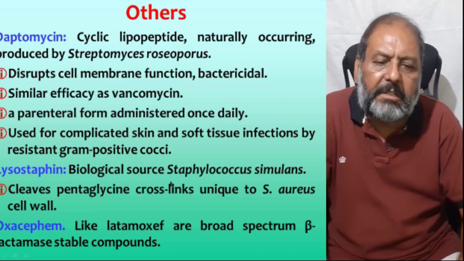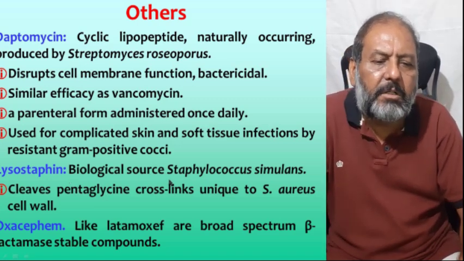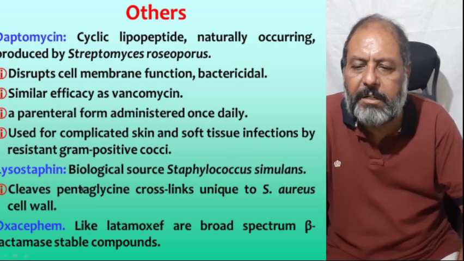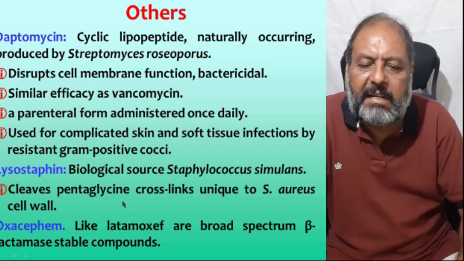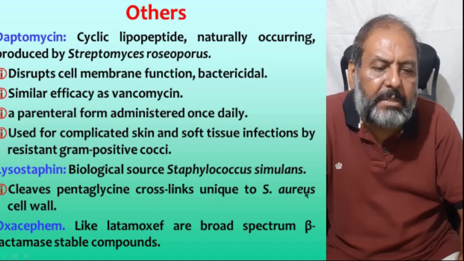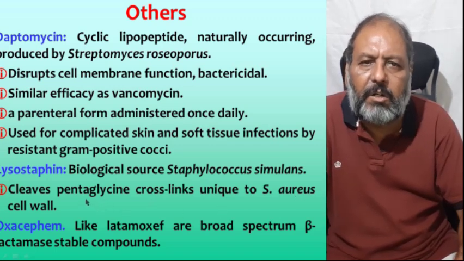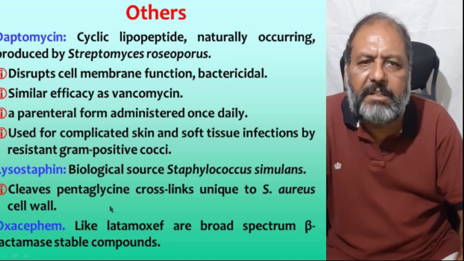Lysostaphin's biological source is the Staphylococcus simulans bacterium, which produces this antibiotic. It cleaves pentaglycine cross-links unique to the Staph aureus cell wall, especially the cell wall of Staphylococcus bacteria.